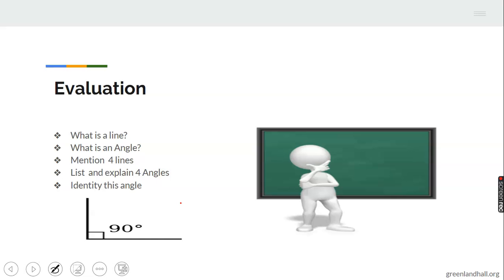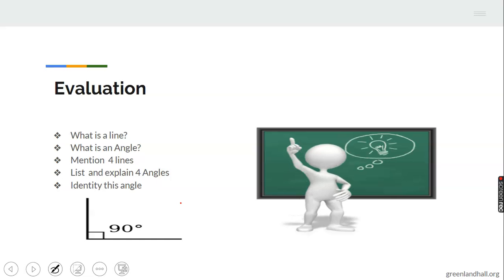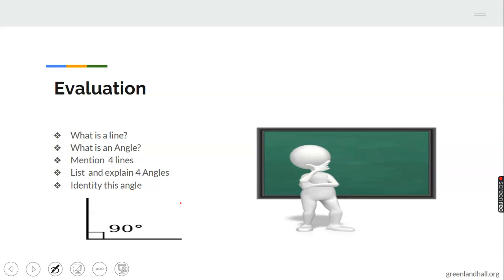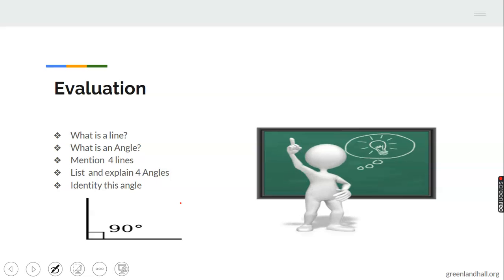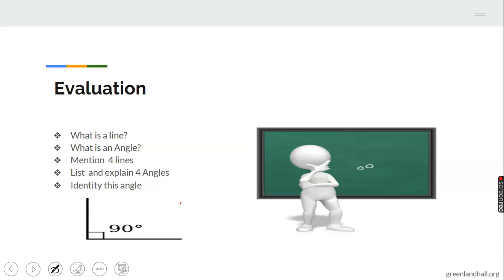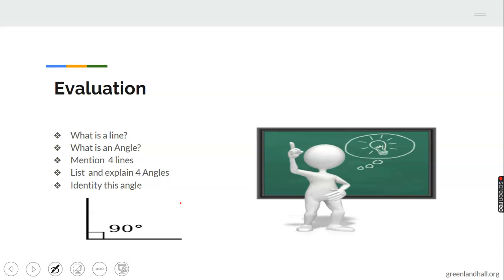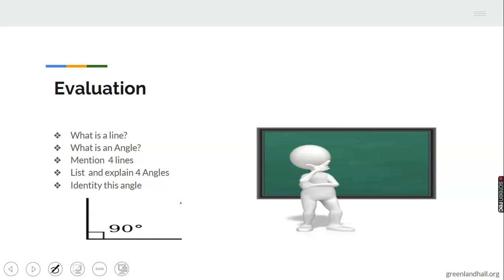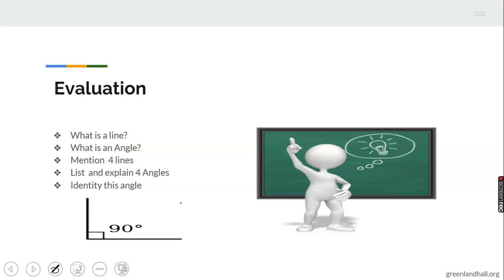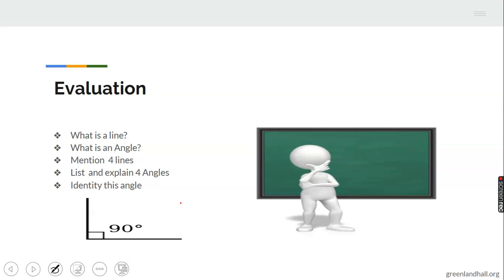Now, who can tell me what an angle is? Good. I told you that using the clock is a good example for you to know how angles turn. 3 o'clock, 5 o'clock, keep moving like that. You understand all those angles, acute angle, obtuse angle. You note them when you watch your time, study your time very well.